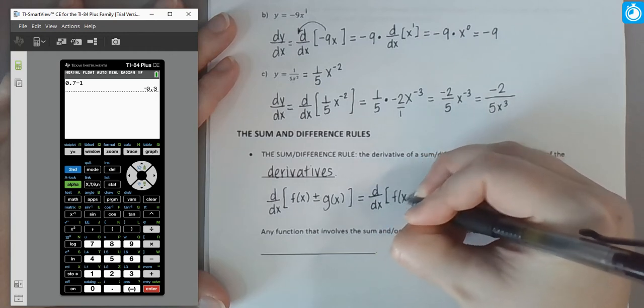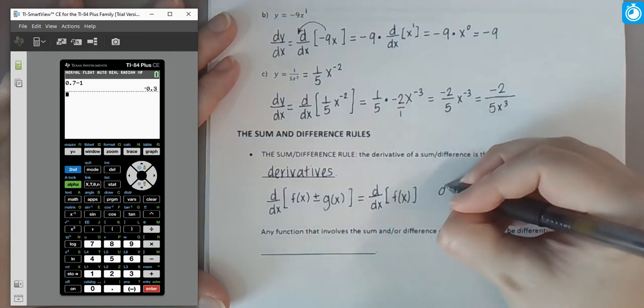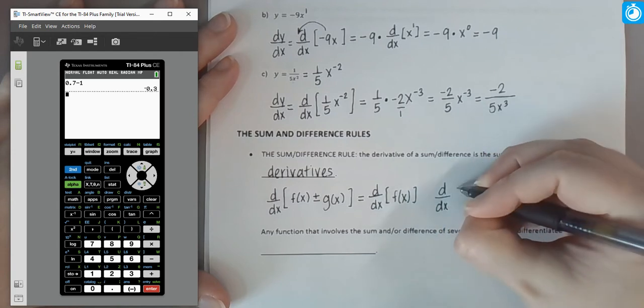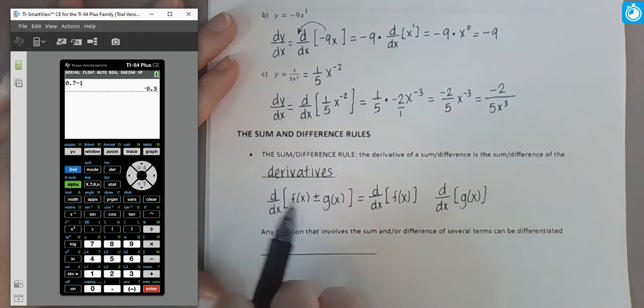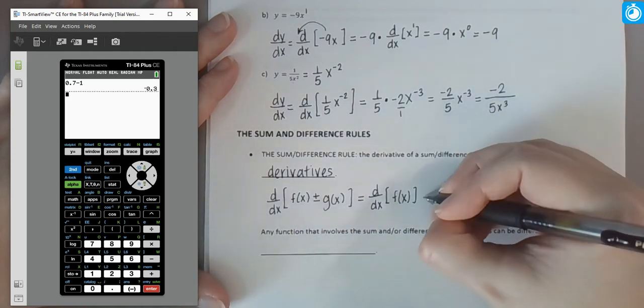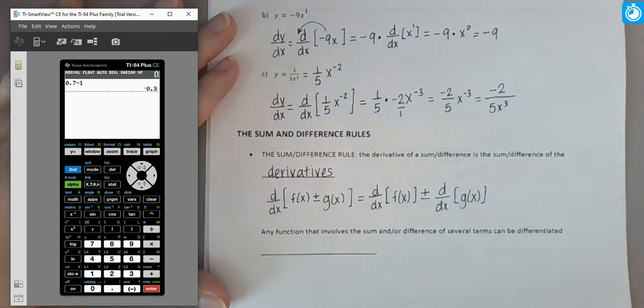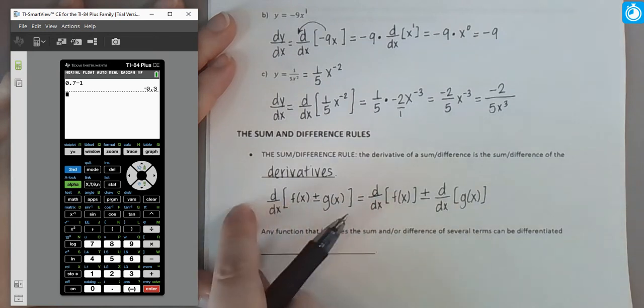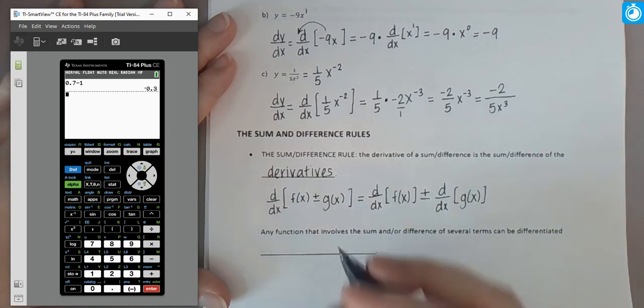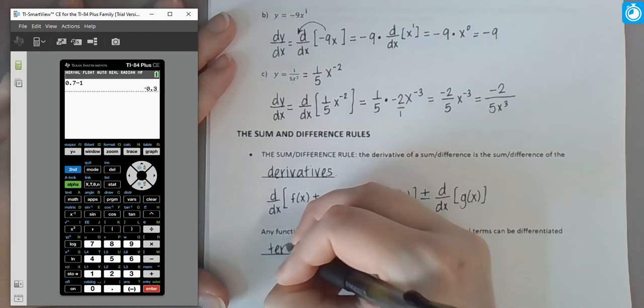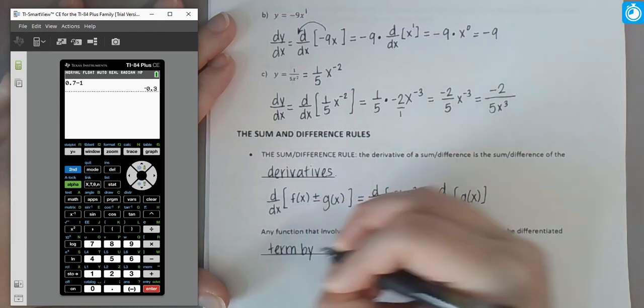So we can take the derivative of f of x, we can take the derivative of g of x, the function that was added or subtracted, and then based on the operation that was combining them, we can just add or subtract those individual derivatives. So this is very formal looking, but if we think about what this really means, what it's really saying is that any function that involves a sum or difference of several terms can be differentiated term by term. That's essentially what it means.